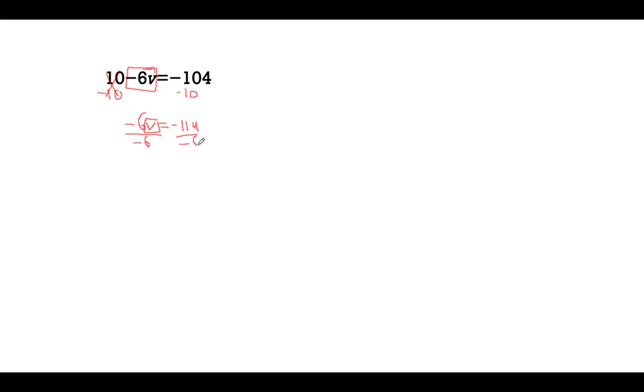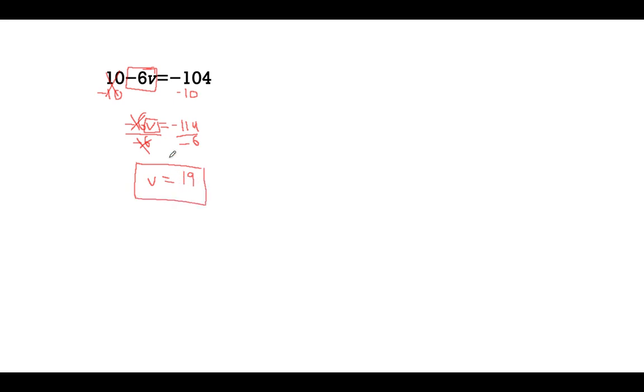Now, a lot of these you'll divide to solve, but you got to make sure there's no other terms. You don't want to divide by negative 6 first, because then you'll have to divide the 10 by negative 6 and you'll get some fractions. So you divide. Well, negative 6 divided by negative 6 is just 1, so on the left you just have v equals, then you got negative 114 divided by negative 6, and that gets you 19.